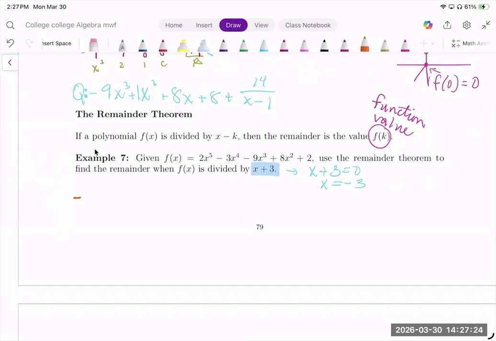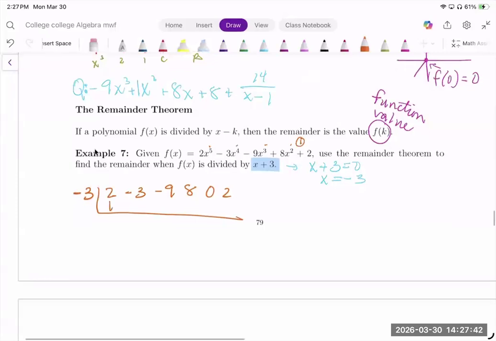Play when you're ready. So -3, and then we have a 2, a -3, -9, 8, a 0, and a 2. Because notice I go 5, 4, 3, 2. I'm missing the 1 and then the constant. Remember, to get the ball rolling, the 2 drops.